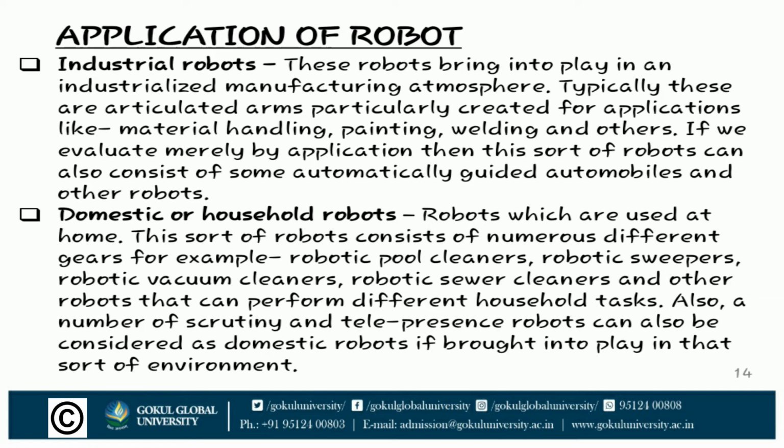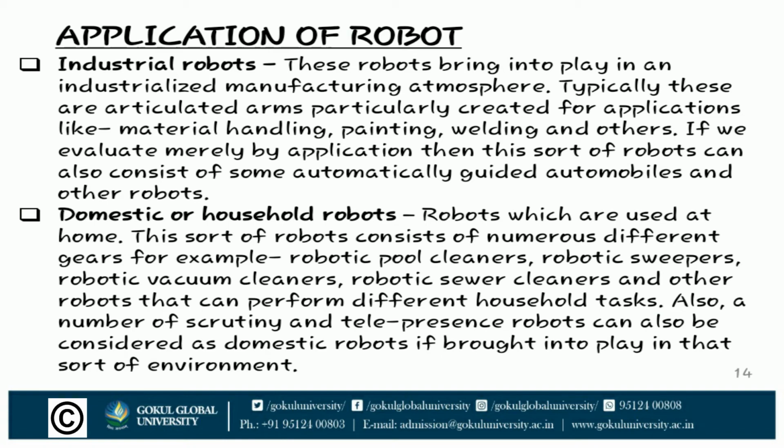Typically, these are articulated arms particularly created for applications like material handling, painting, welding, and others. If we evaluate merely by application, then this sort of robot can also include some automatically guided vehicles and other robots.